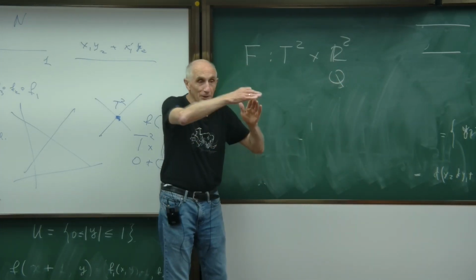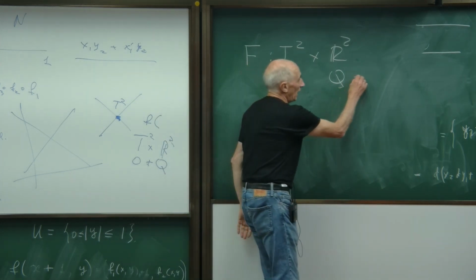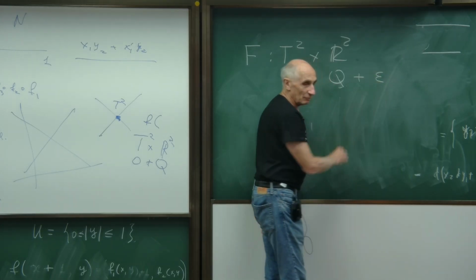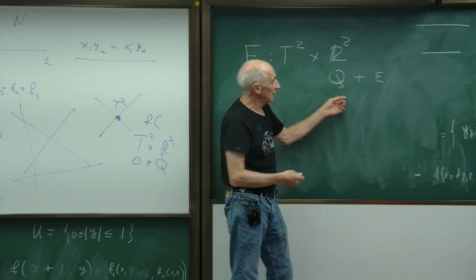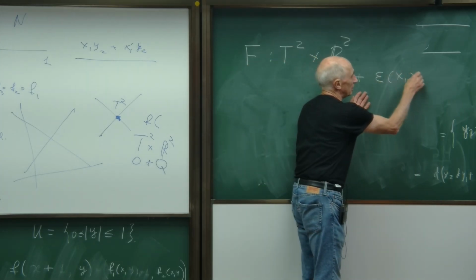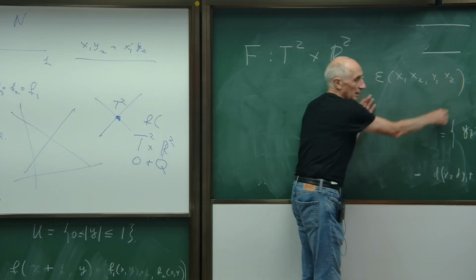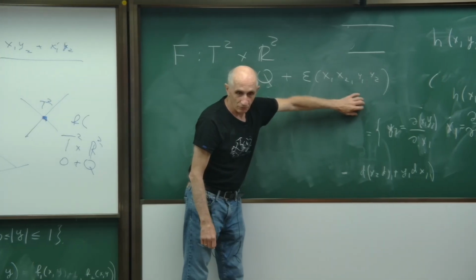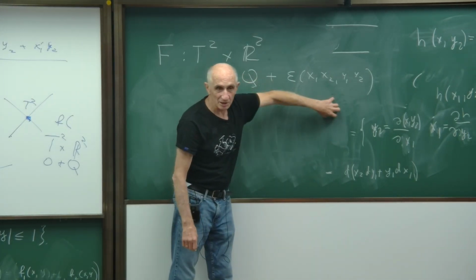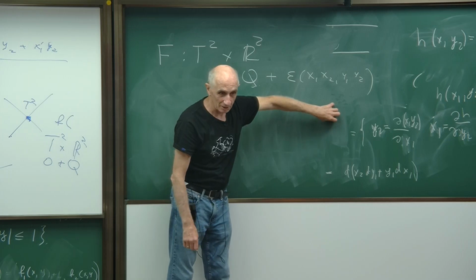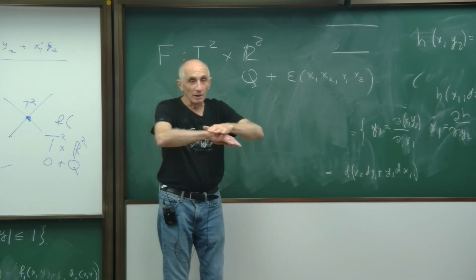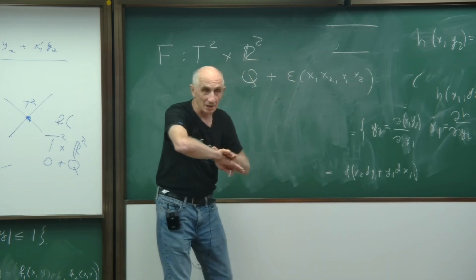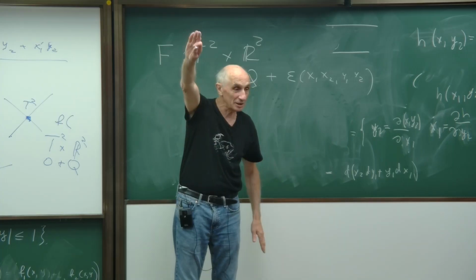But then I perturb, and so I just add some function to this function. What you can check is that it may depend on all coordinates, but this function is bounded in terms of all coordinates. But with respect to these y1, y2 coordinates, this function is a non-degenerate quadratic form.